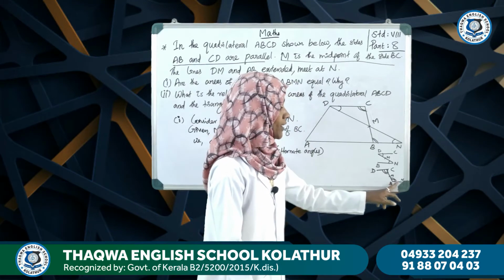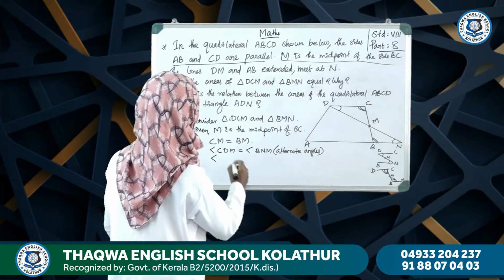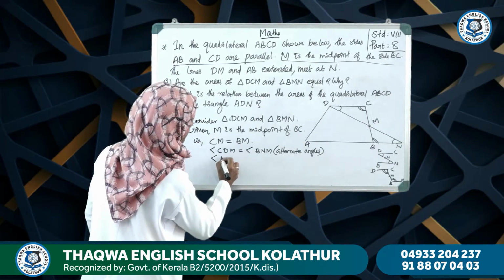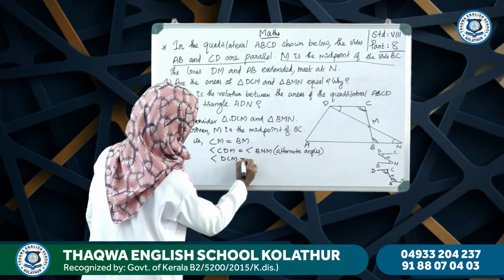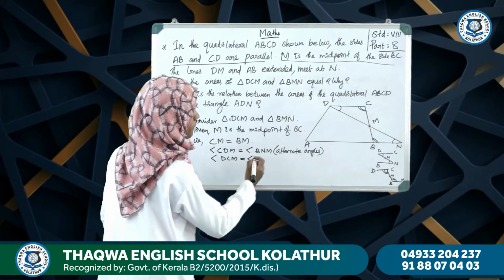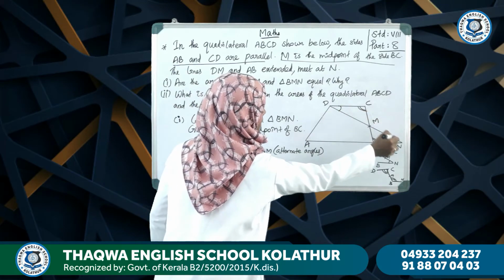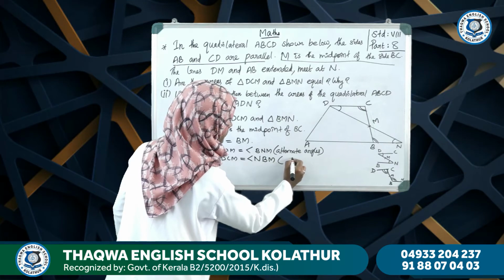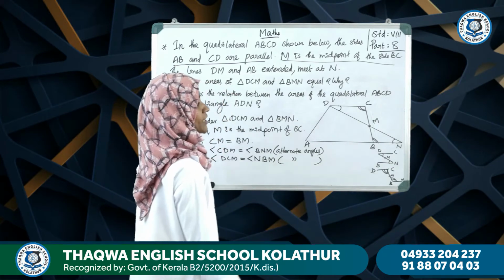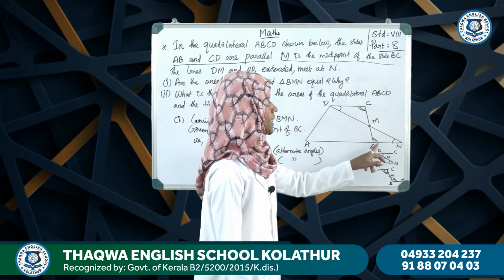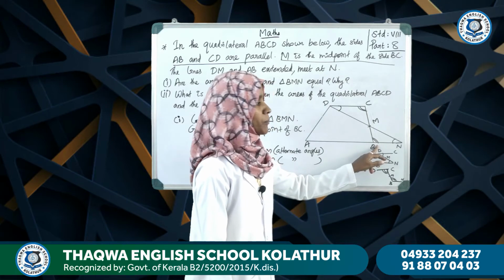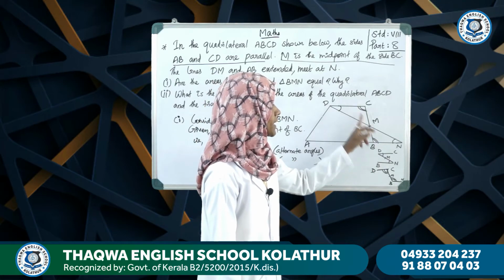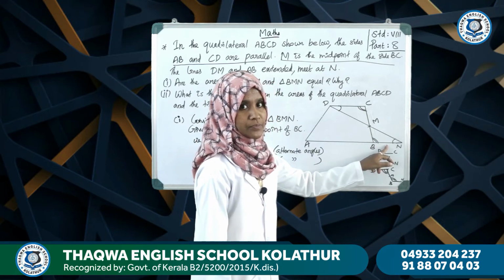Listen, they are the alternate angles formed by the line BC meeting the parallel lines CD and BN.